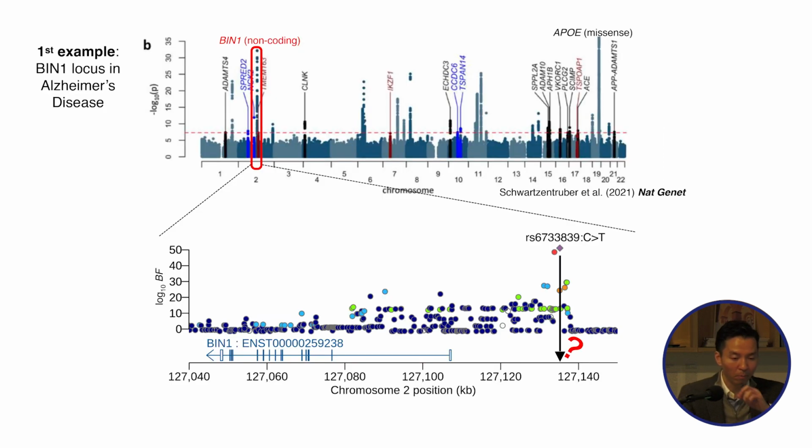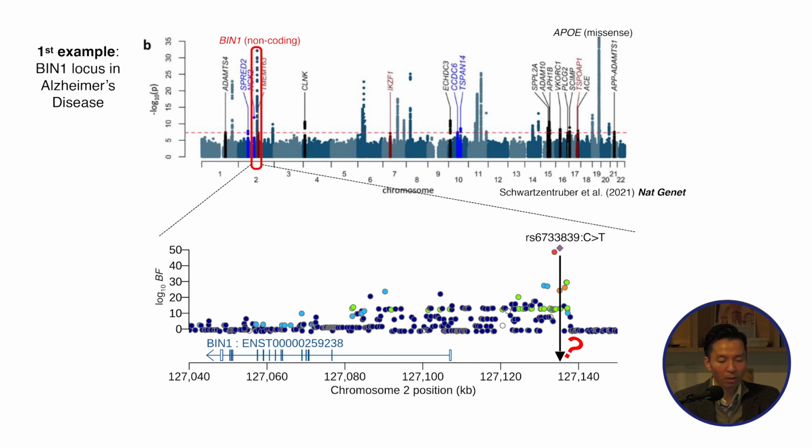So let's jump into the first example, which is an Alzheimer's disease genome-wide association study conducted in 2021, in which I was involved. Although the highest association was discovered at the ApoE gene, driven by 2 missense mutations, the second highest association is discovered around the BIN1 gene.